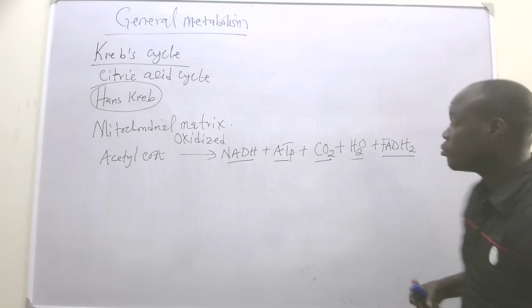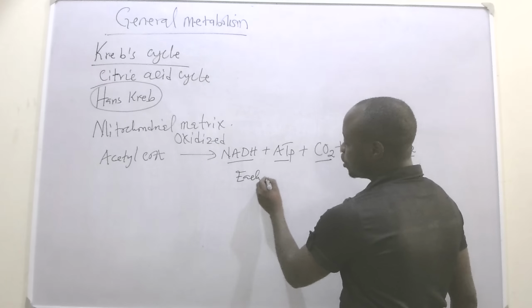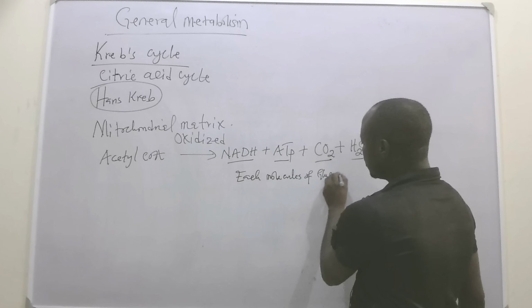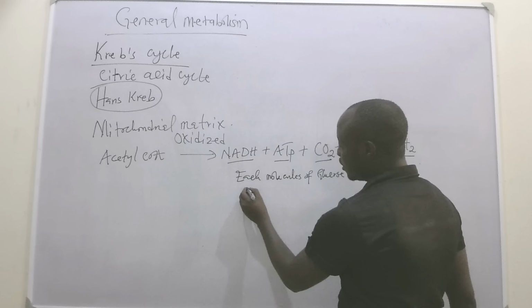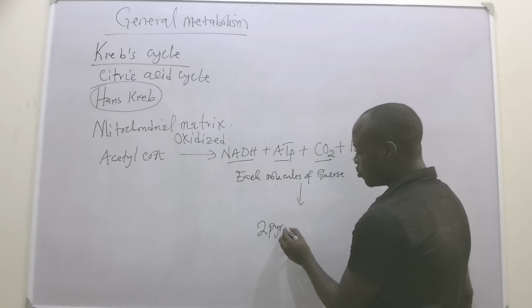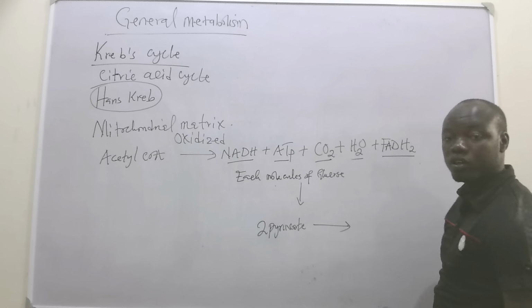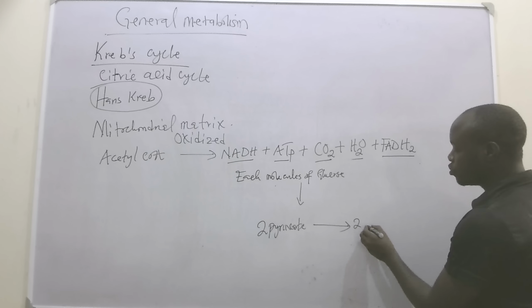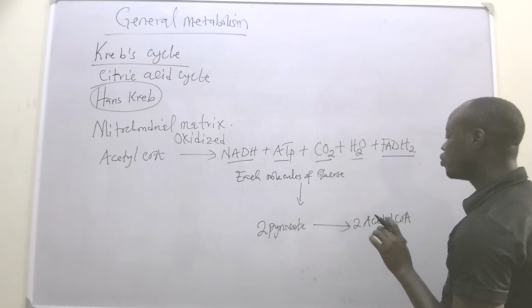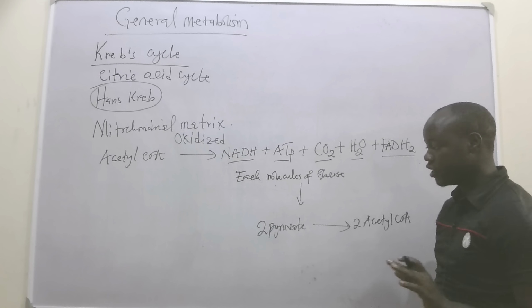Remember that after glycolysis, for each molecule of glucose, two molecules of pyruvate are generated, and of course the two molecules of pyruvate will undergo oxidative decarboxylation to produce two molecules of acetyl-CoA.